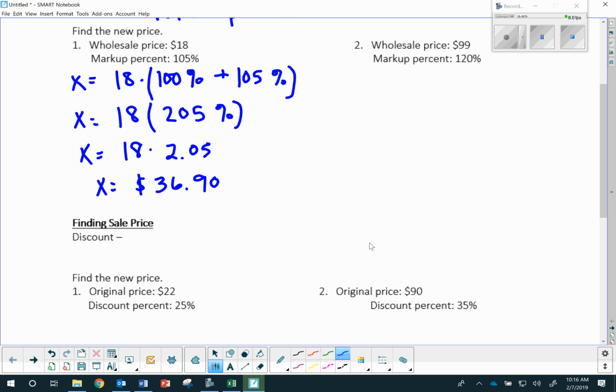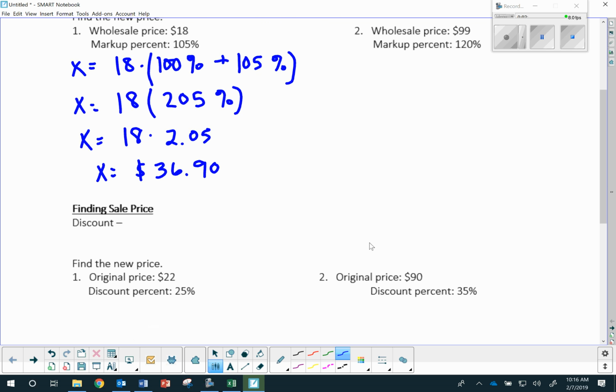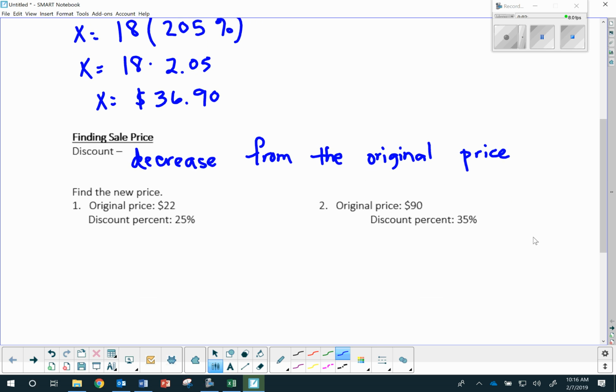Okay, so different to a markup is a discount. And you probably are familiar with a discount being a decrease from the original price. So you're probably already guessing what we're going to do here.